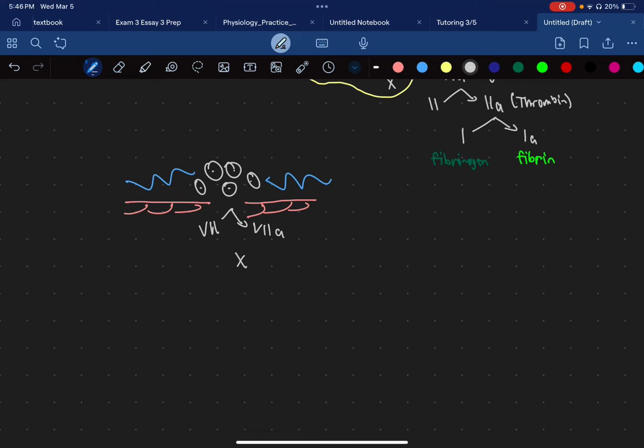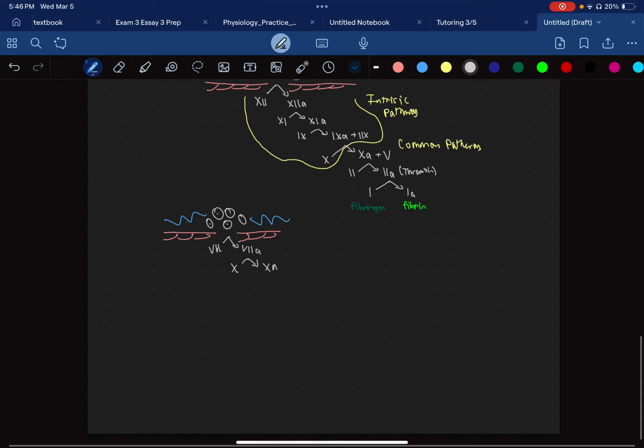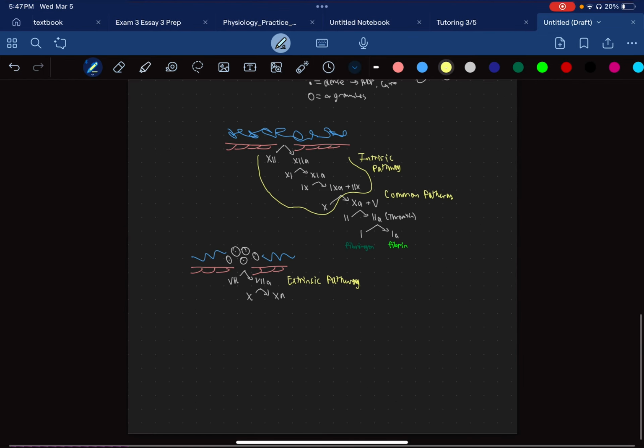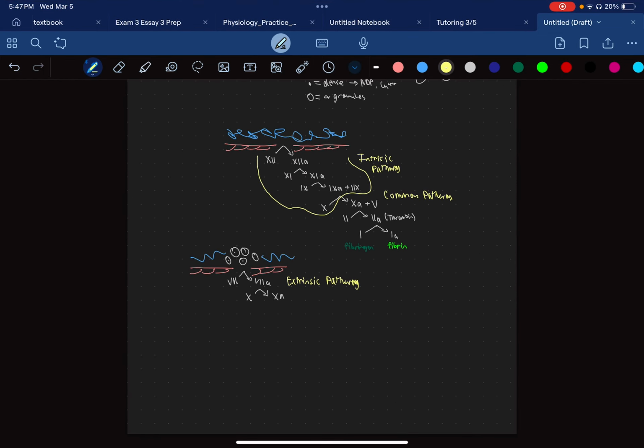Factor 7a is also able to turn factor 10 into factor 10a and continue with our normal common pathway. This is called the extrinsic pathway. So these are the different pathways we have to being able to stop a clot.